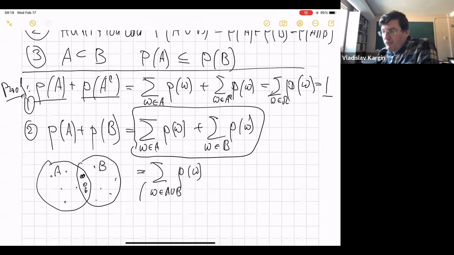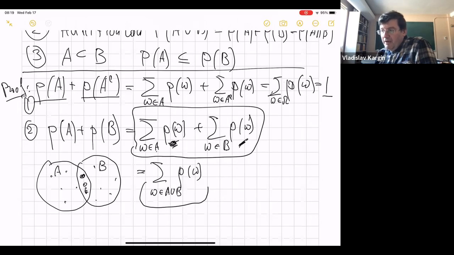If you look at this sum, you covered them only once. But if you did the addition of these sums, then you covered them twice. You covered them when you counted here in the first sum, and also when you did the second sum. And here you just did it once.